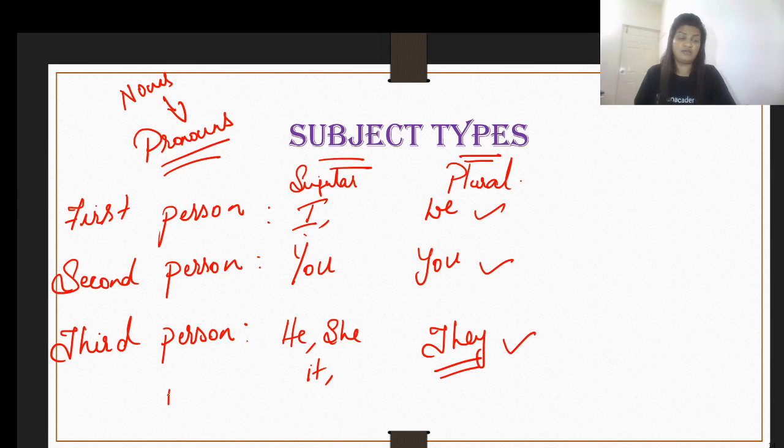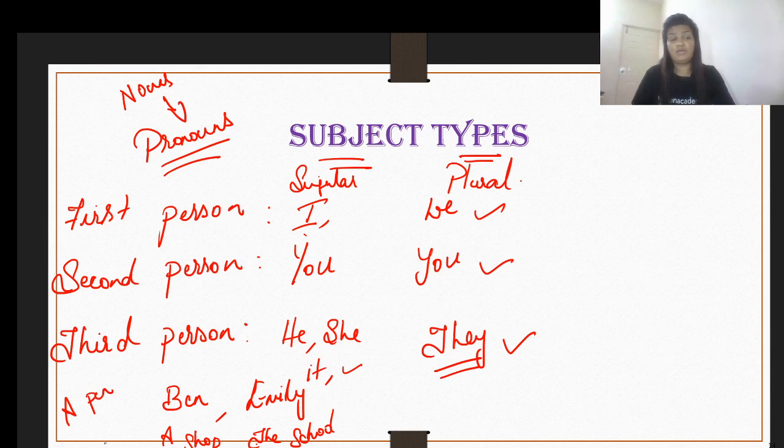Now, if we decide to use subjects over here, that is nouns, in place of he, we can use Ben, or we can also use Emily. Or if we are referring to a place, maybe we can mention a shop, or the school. Or if we are referring to things, we can say a pen, or a bag, depending upon what you are trying to say. Now, to make these plural, you can say Ben and Emily.